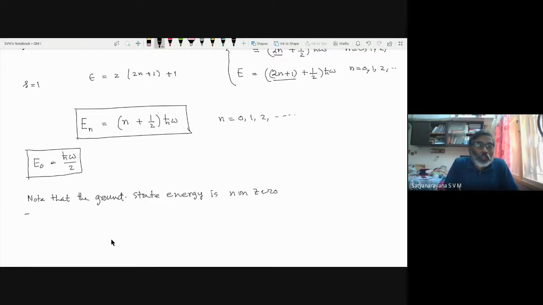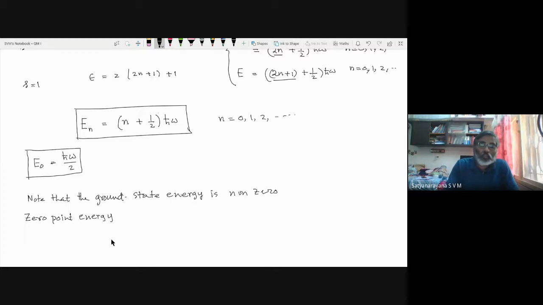Now this is called zero-point energy, which is very important, and it makes a lot of interesting consequences.